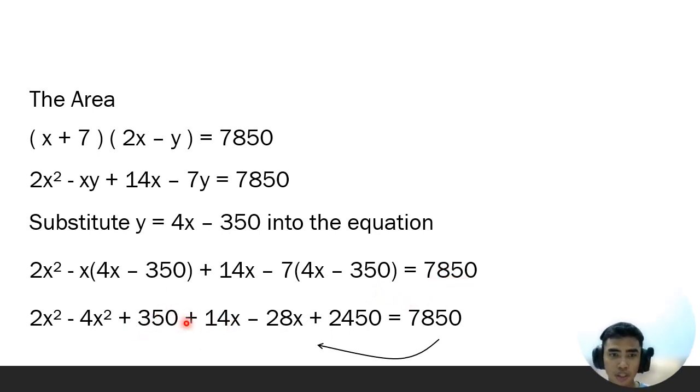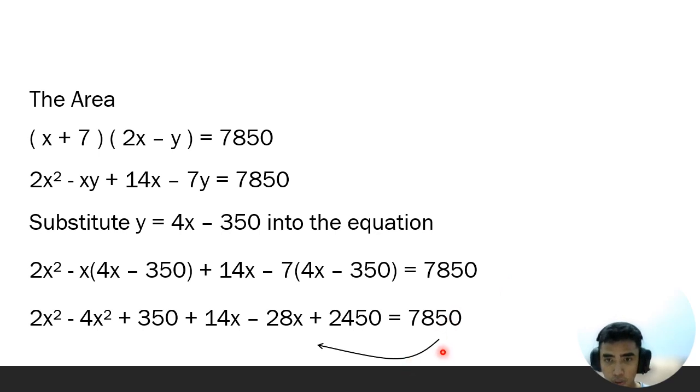I'm sorry over here that there's an error, but I promise you the equation is right, the answer is right. So we have 350x over here. I'm sorry, I forgot to put x. So 2x squared minus 4x squared over here, plus 350x. I'm sorry, it is 350x, not 350 only. So plus 14x minus 28x plus 2,450 equals 7,850.